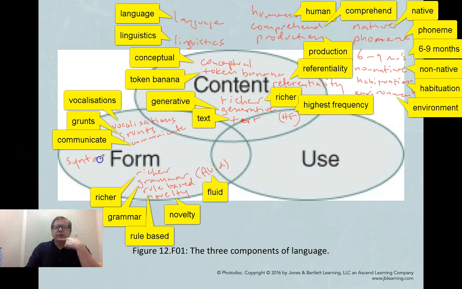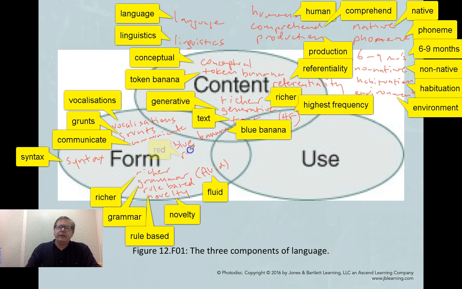Now, if we go back to the chimps and the blue banana token, we actually can teach a chimp how to use two chips, maybe a blue chip and a red chip. So the blue is the banana, and the red is a token to stand for want or desire.